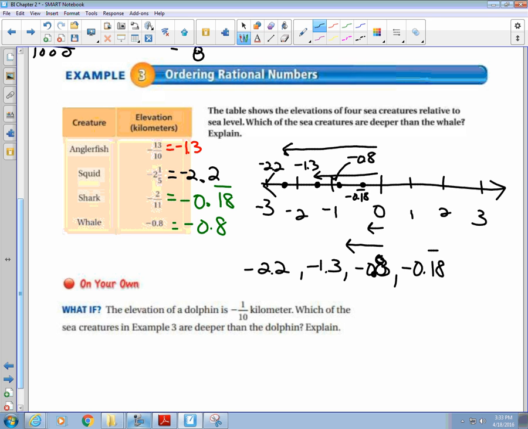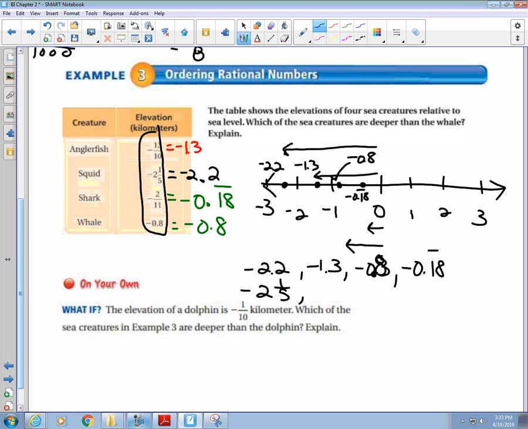Now, you'll notice that the answers we just wrote down don't match what we started with in the problem. So we have to take these numbers in decimal form and rewrite them in their original form. If it was originally a decimal, we'll leave it as a decimal. But anything that was originally a fraction, we have to change back into a fraction. So negative 2.2 started as negative 2 1/5, so I need to write that in my final answer.